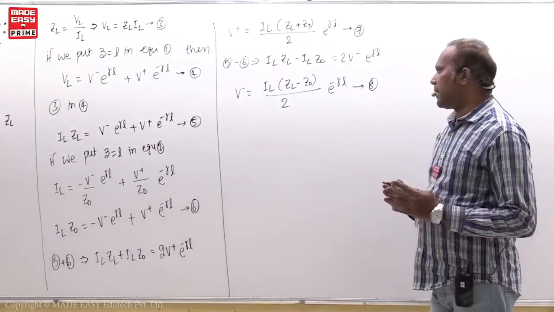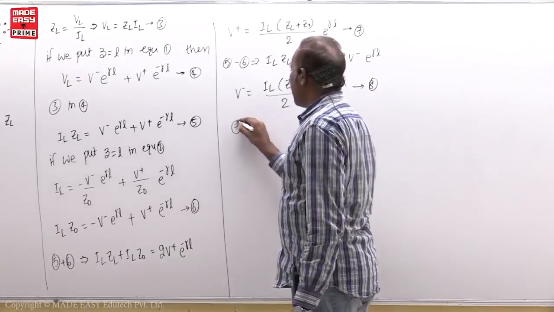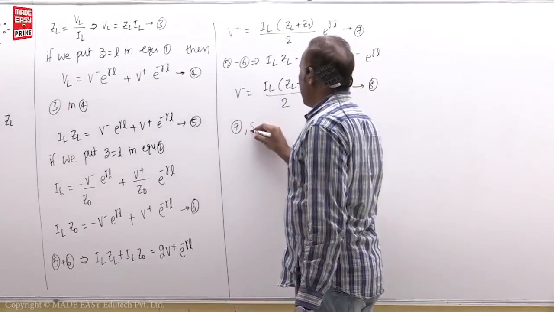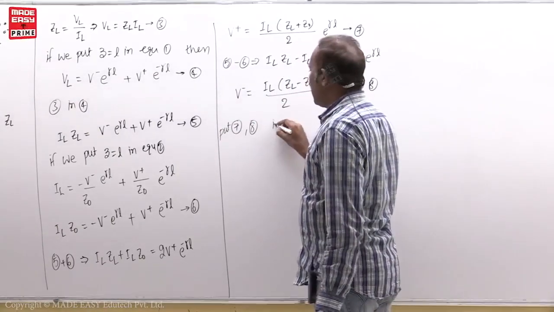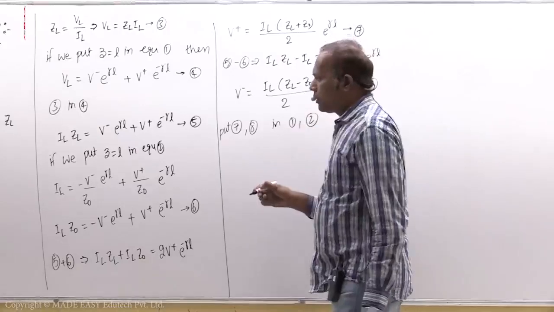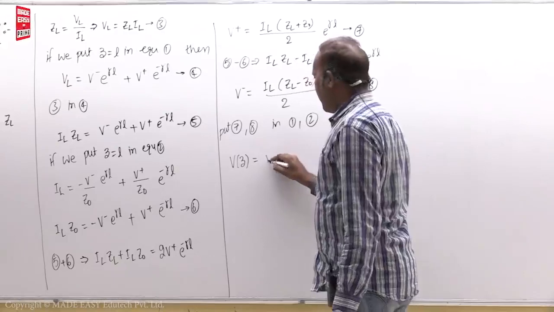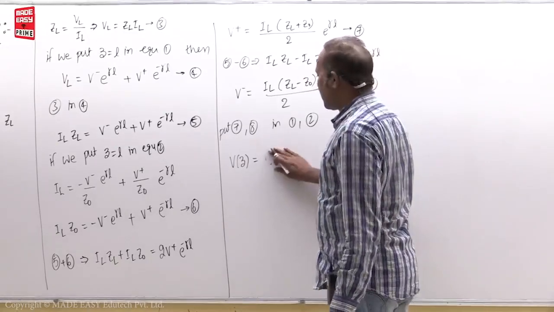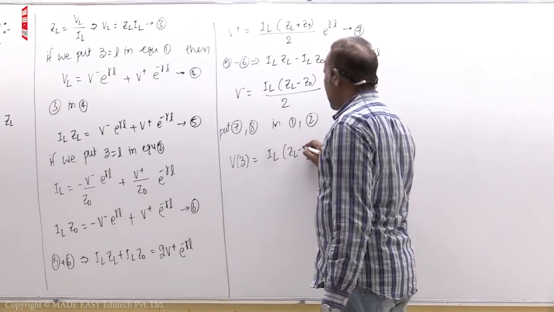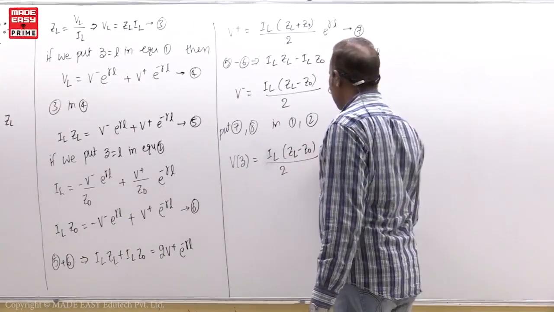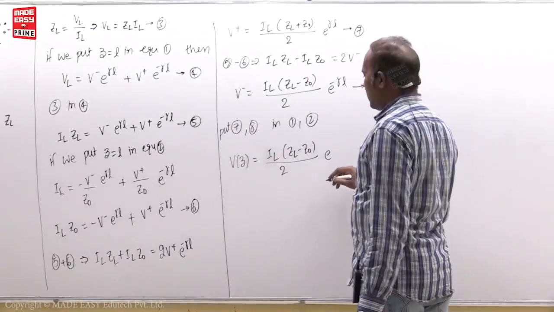Now let us put equations 7 and 8 in equations 1 and 2. Now we get V of z is equal to, in place of V minus, we put I_L Z_L minus Z0 divided by 2 e^ of gamma.